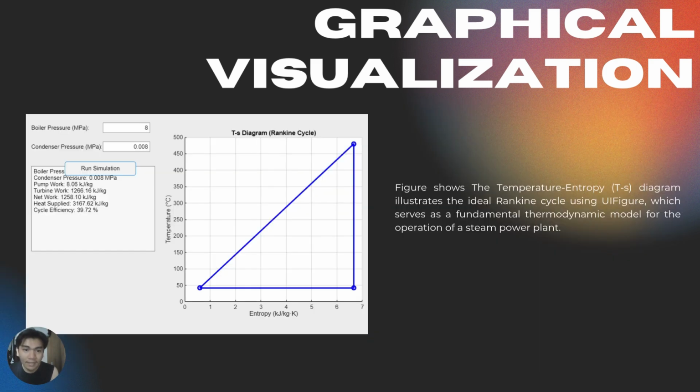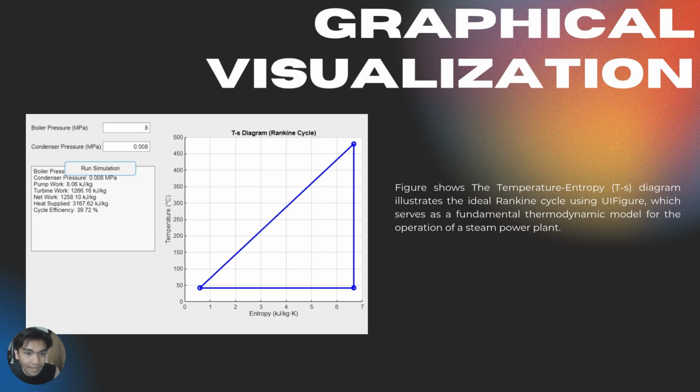The next one is the visual of the diagram by MATLAB. So this graphical visualization shows the temperature and entropy diagram. It also illustrates the ideal Rankine cycle, but using a UI figure, which also serves as a fundamental thermodynamic model for the operation of a steam power plant.